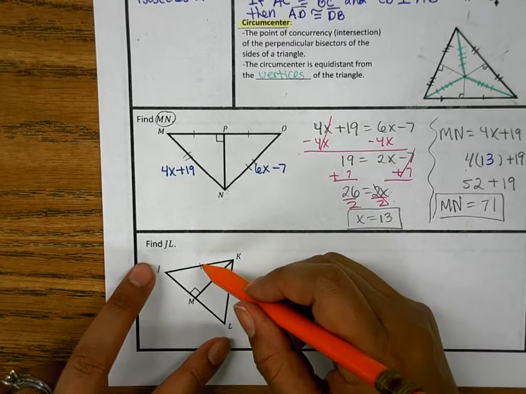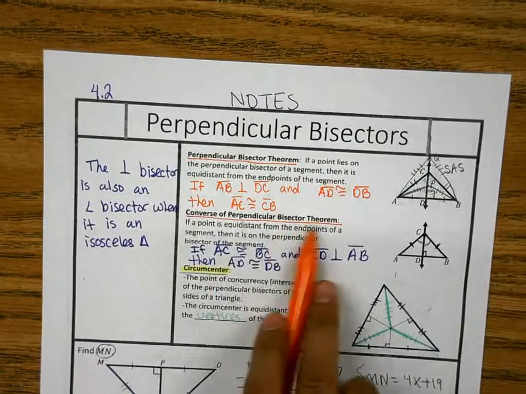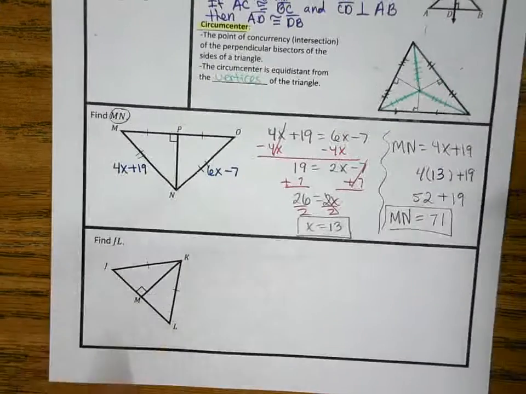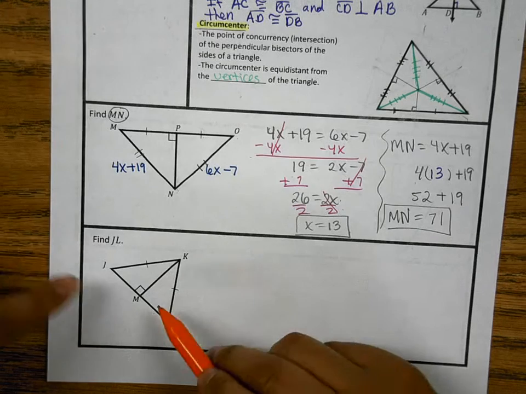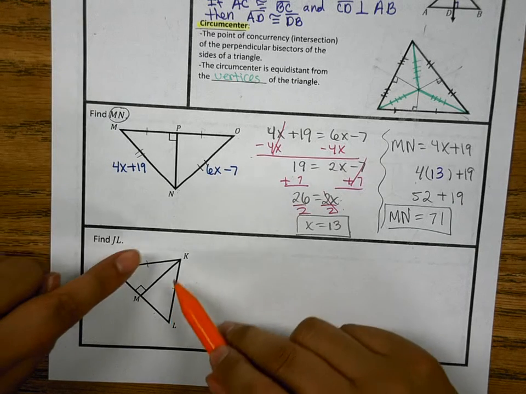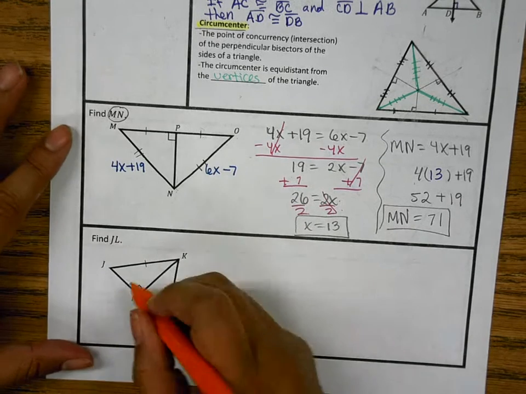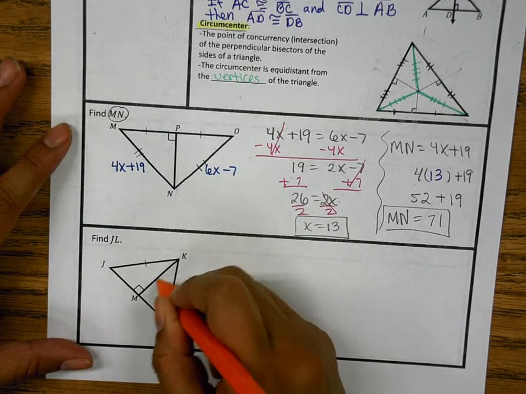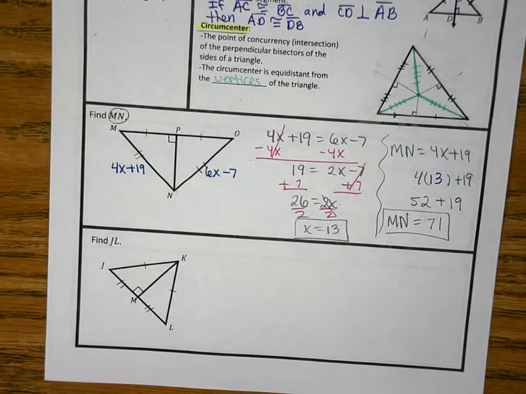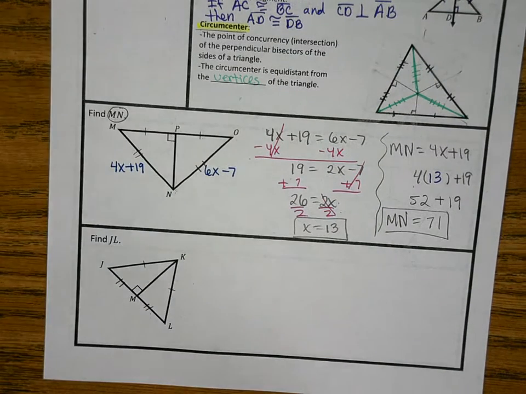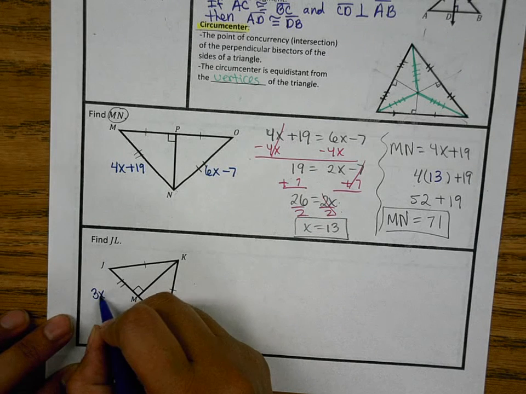But the converse of the perpendicular bisector theorem, that's this one right here, tells us that if a point is equidistant from the endpoints of a segment, these here are equidistant, then it is on the perpendicular bisector of the segment. So that means this here is the perpendicular bisector.